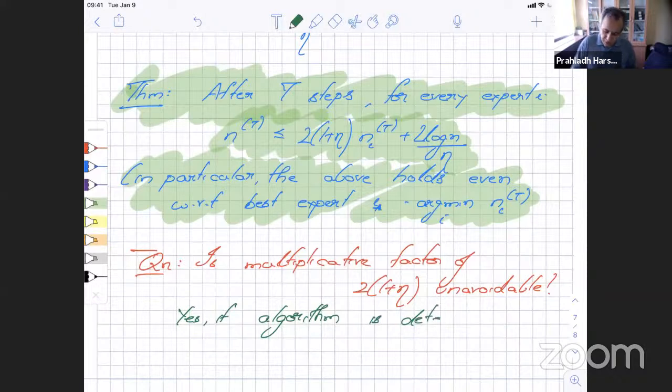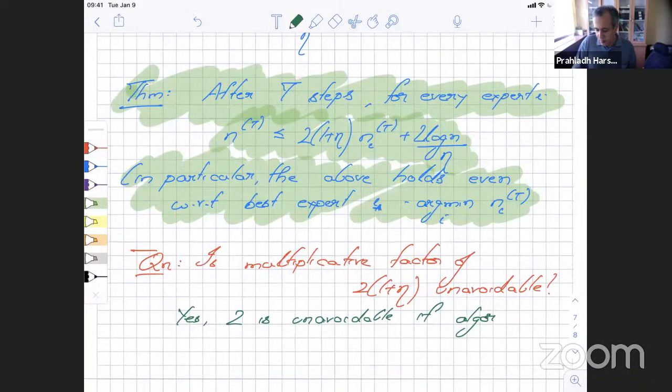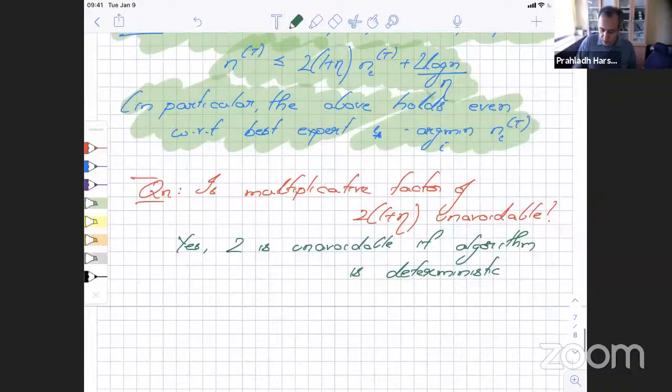Yes, 2 is unavoidable if the algorithm is deterministic. And not just for weighted majority eta, but for any deterministic algorithm.